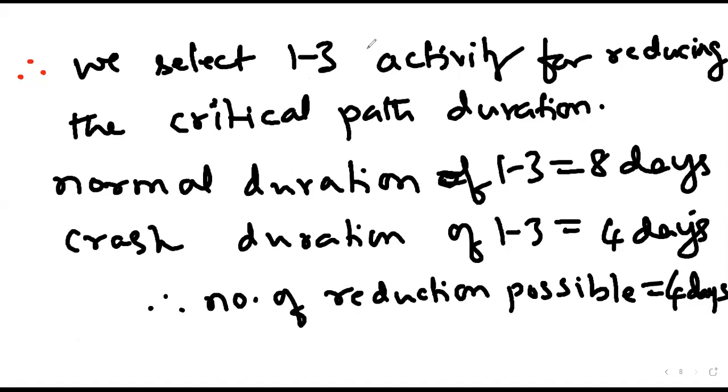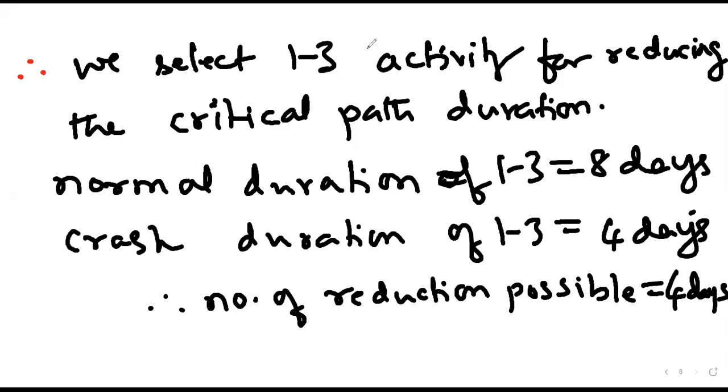The critical path should not become non-critical, and it should remain critical until the end of the problem. Now 20 days it is actually taking, and if you reduce this path by 4 days, it becomes 16. If it becomes 16, it becomes the non-critical path. So that should not happen. We should not be altering the nature of the project.